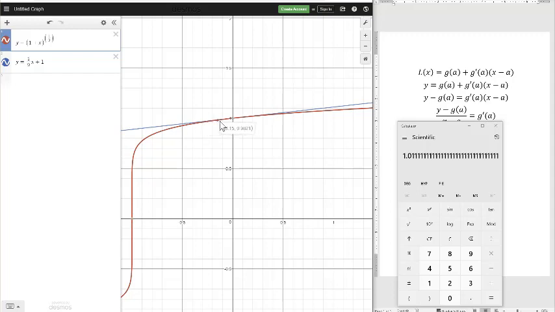So negative 0.05 is right around here. The exact value is 0.9943, and if you follow this line to negative 0.05, we're going to get fairly close to the value that we got.